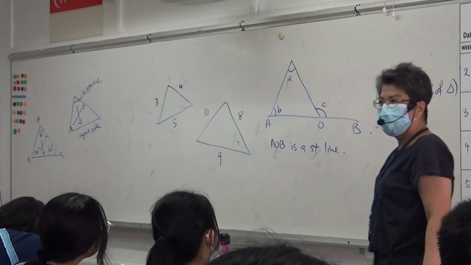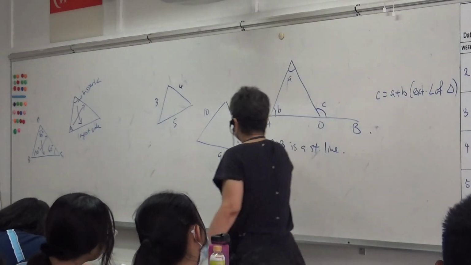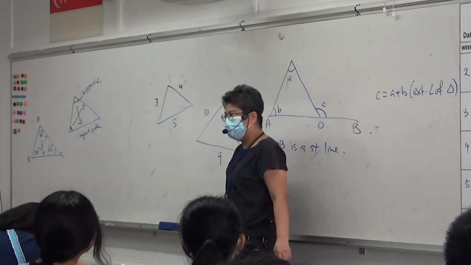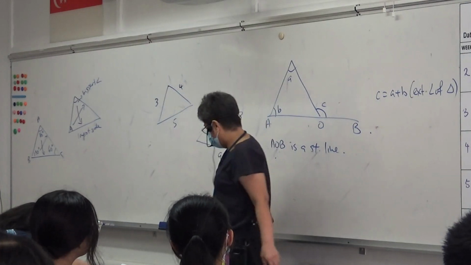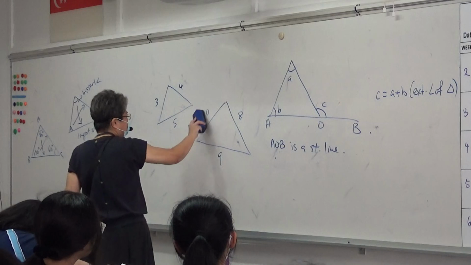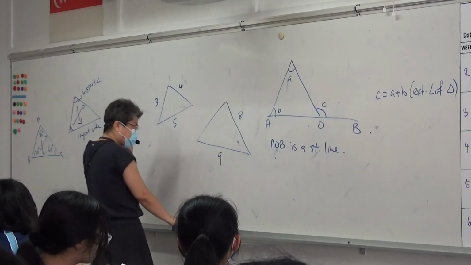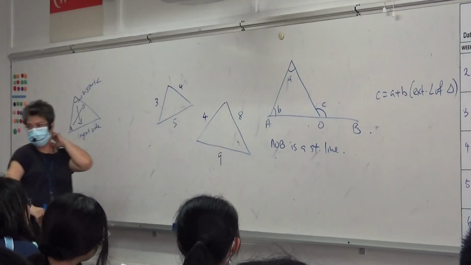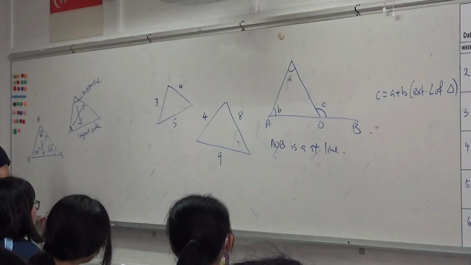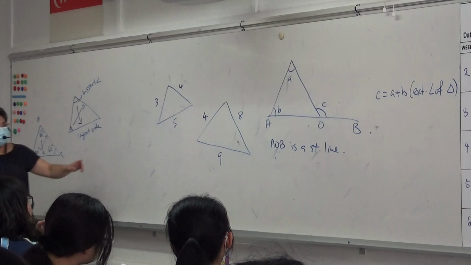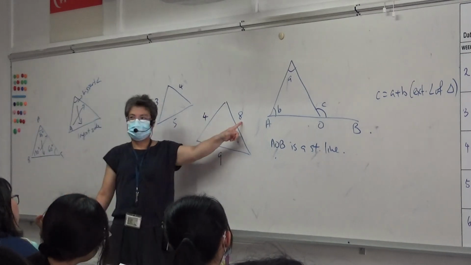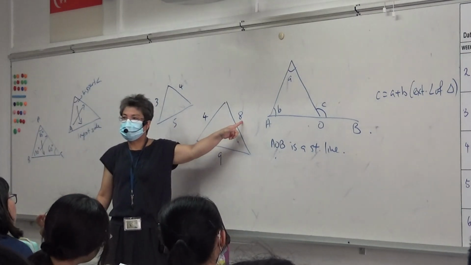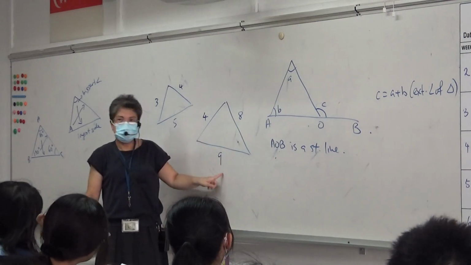Okay? Now, then I want to ask, can this triangle exist? Yes. 8 plus 9 is bigger than 10, right? So it can exist. Can this triangle exist? No. Because, can you see these two are the smaller sides? Add together is 12. What is this? 9.